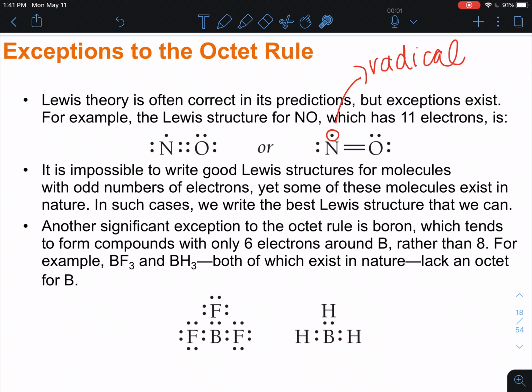Well, oxygen is more electronegative than nitrogen, so it's going to pull electron density closer to it. It's also not going to have any unnecessary sharing of electrons. It's only going to share the electrons in this double bond, and it's going to have a full valence. Nitrogen is less electronegative, so it's going to have to settle with having that 1 single electron.